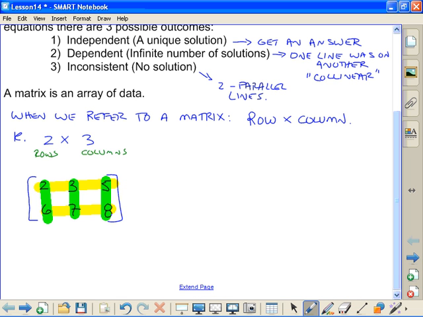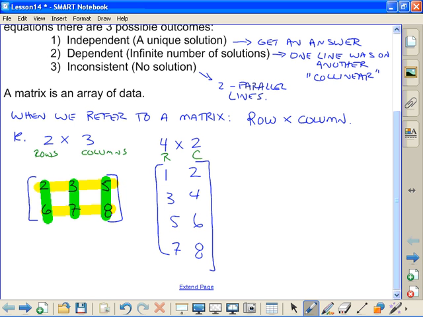So 2 by 3. If I wanted a 4 by 2, that means I'd have 4 rows, 2 columns: 1, 2, 3, 4, 5, 6, 7, 8. So that's what a 4 by 2 matrix would look like. Again, number of rows, number of columns.